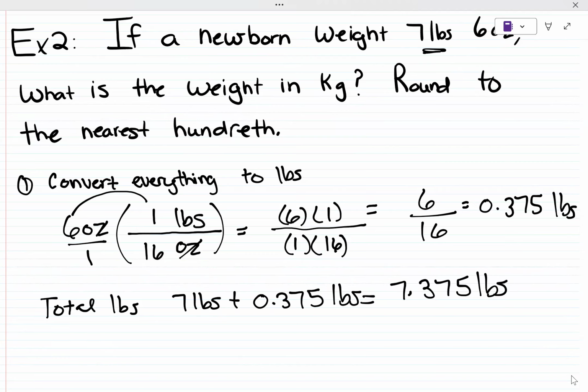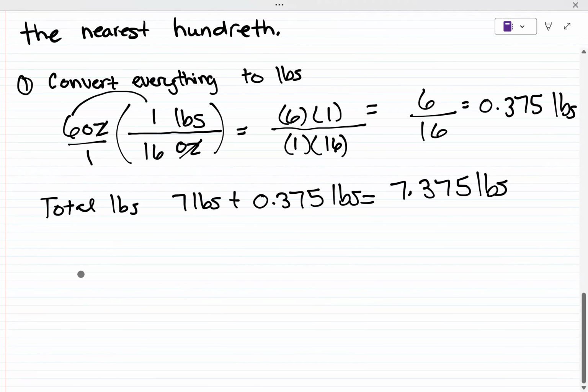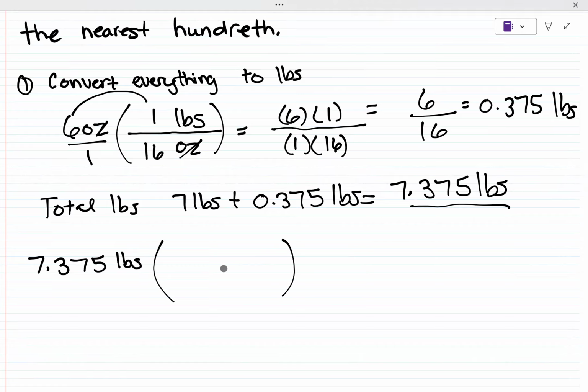Okay, now let's convert that from pounds to kilograms. So now I'm just going to do dimensional analysis and convert this weight into kilograms. So it'd be 7.375 lbs in parentheses, and then put lbs on the bottom and kilograms on the top.